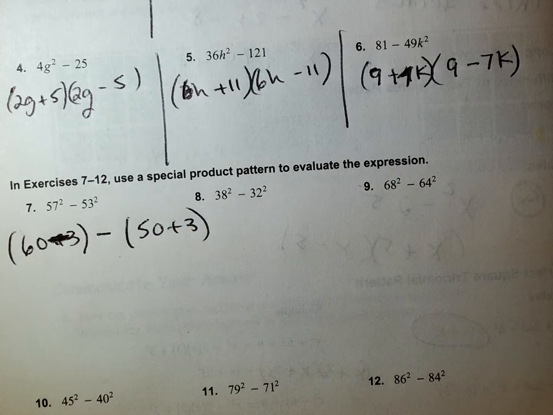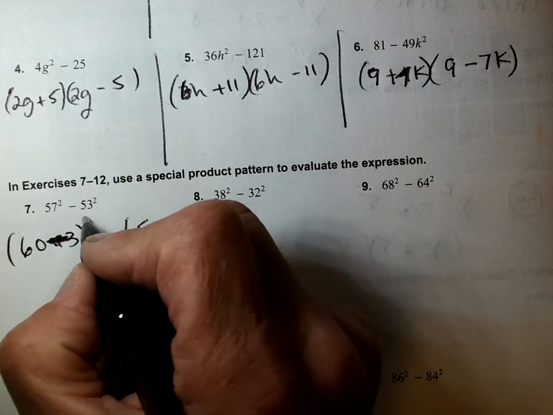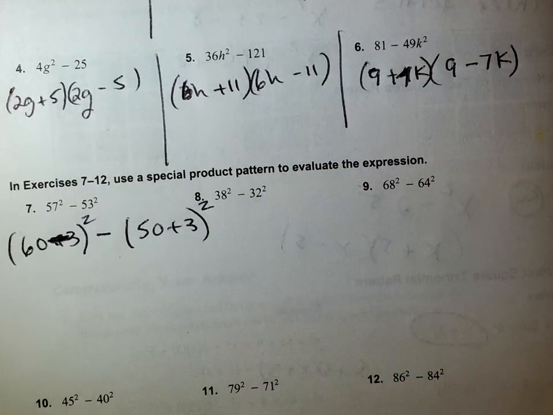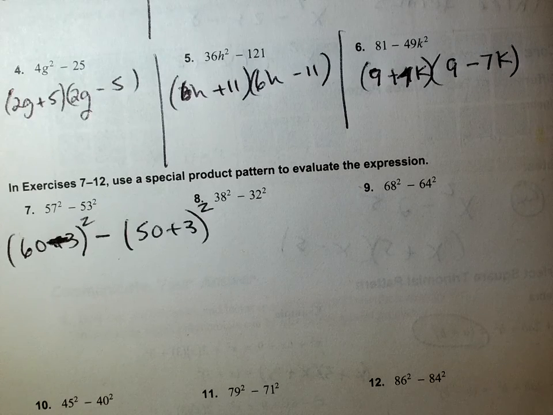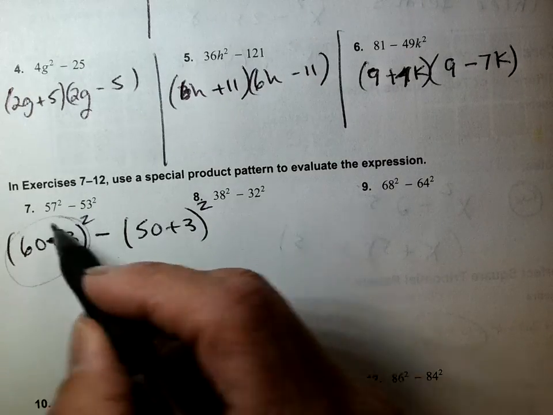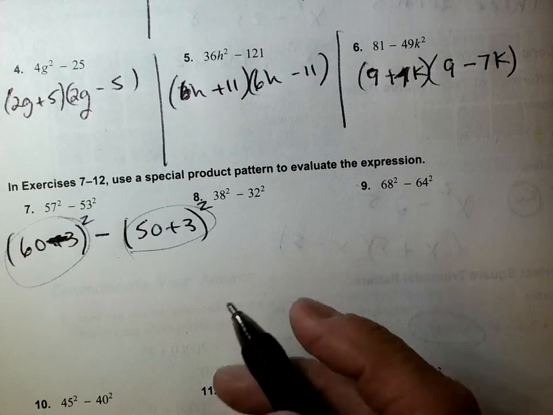Okay. David, I don't understand. No comprende. All right. Comprendo. Okay, let me keep going with this. That's squared, right? And that's squared, right? You guys got it? Yeah, but how's that math? Because 50 plus 3 squared is 53 squared. So we got difference of squares, right?